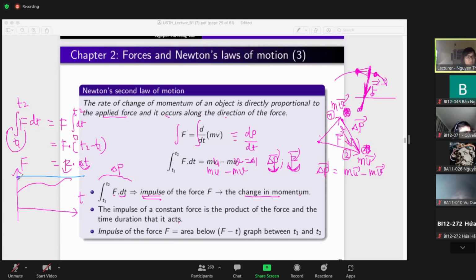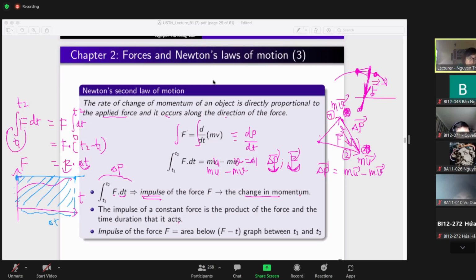And then you go from T1 to T2, you take the F, then the T, you see it is the area of this part.